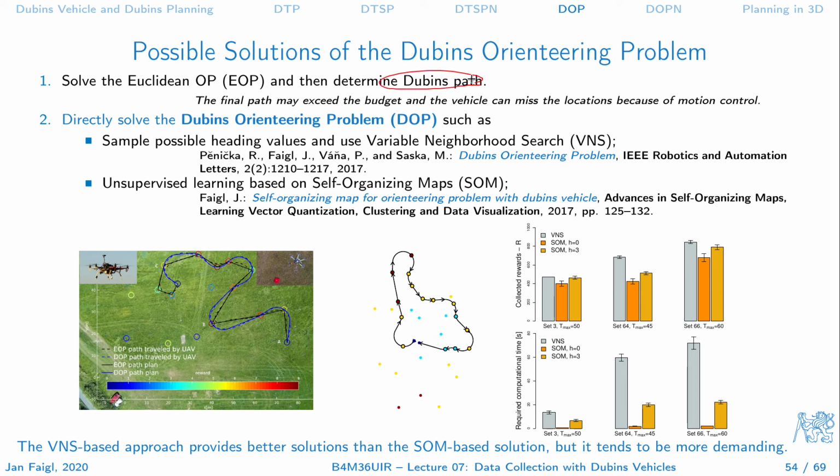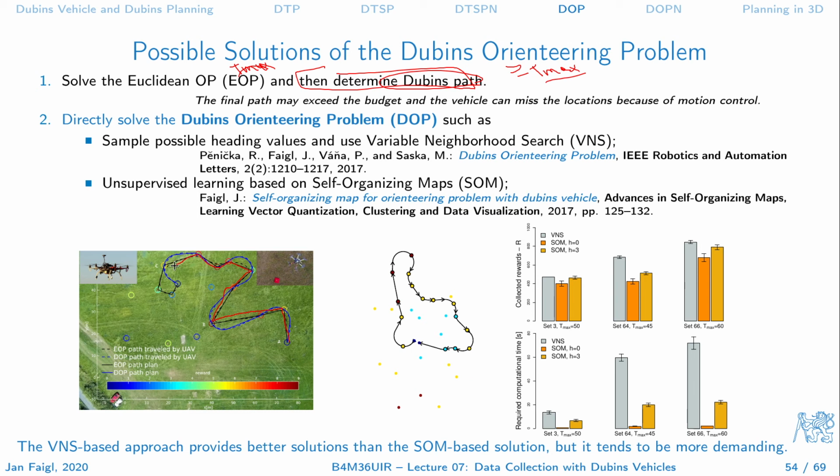If this path exceeds the travel budget, then we need to reduce the travel budget here, and then we can iterate. It will provide us some solution. Or we can just not do that. We can follow these straight lines.